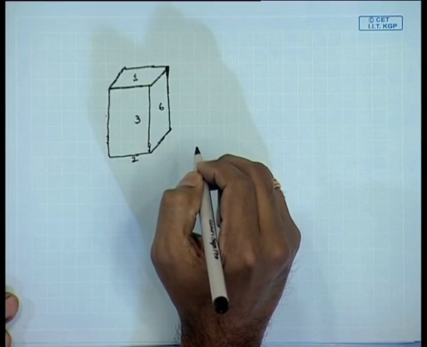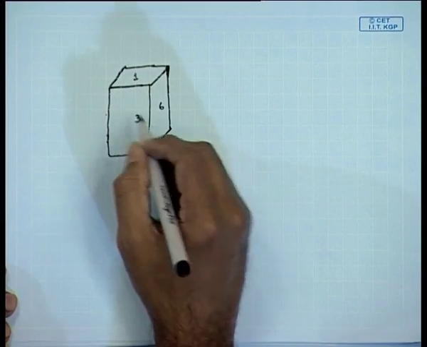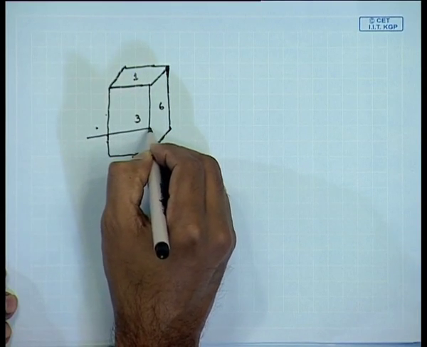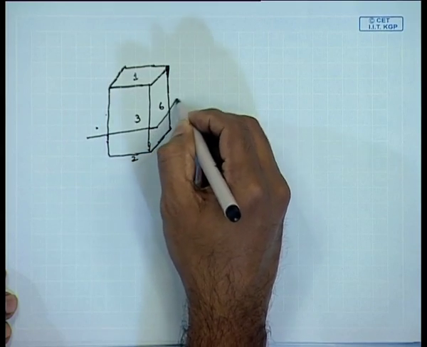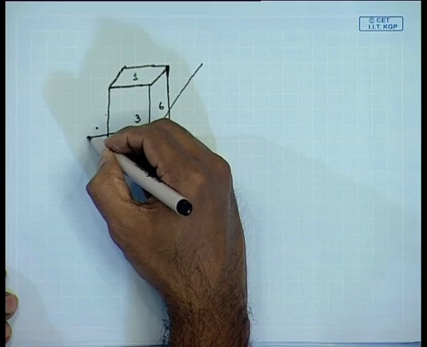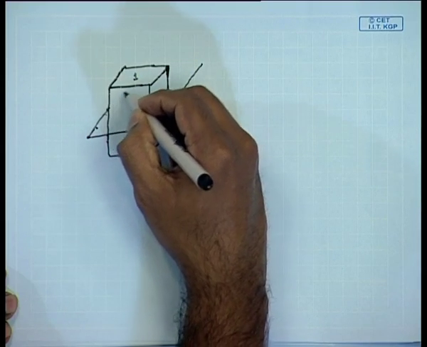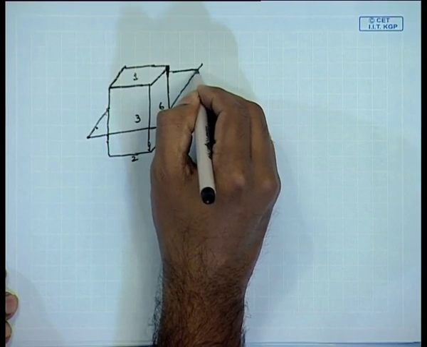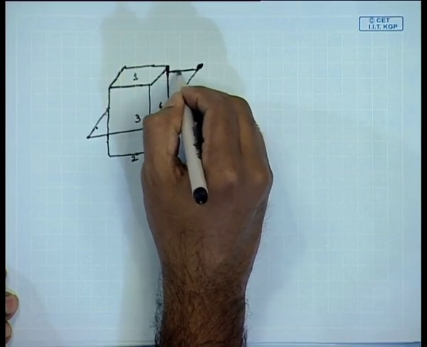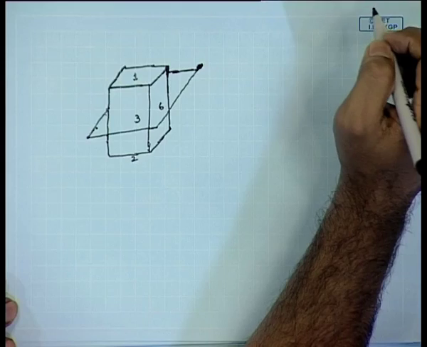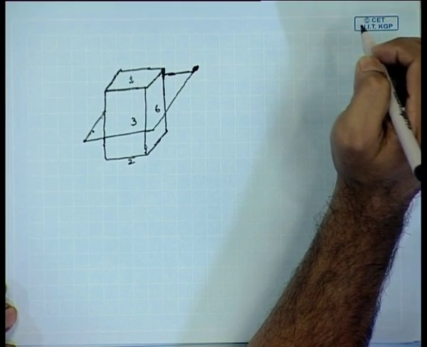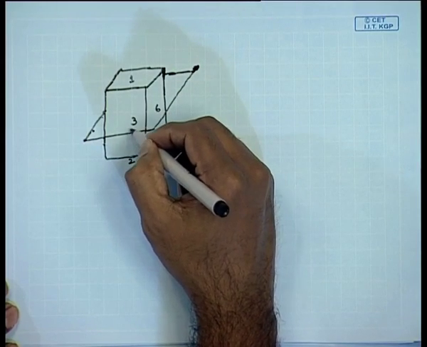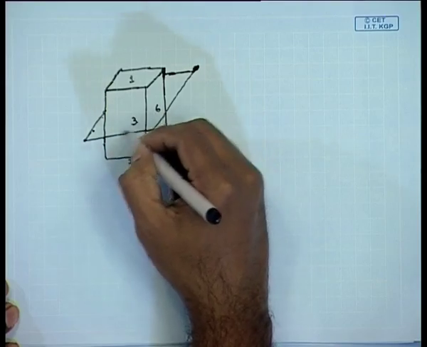So, these are the 6 faces of this solid, and let us assume that the water plane is here. So, this is the water plane, it is touching the surface 6 and surface 3 at this point.